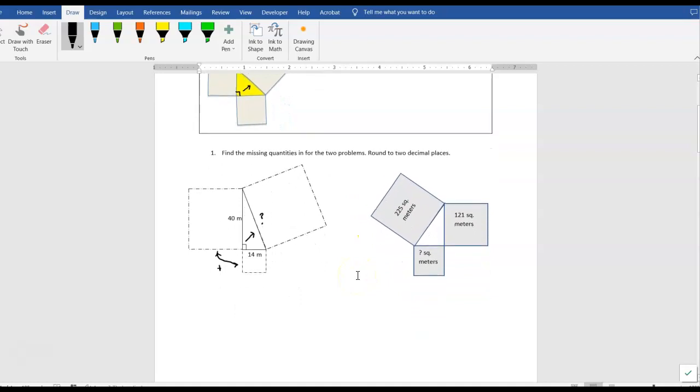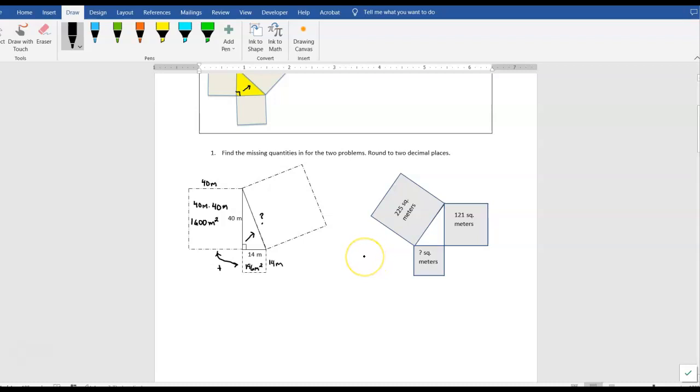This side right here is 40, and since it's a square, this is also 40 meters. So 40 meters times 40 meters gives us 1,600 square meters. And then 14 times 14 meters gives us 196 square meters.